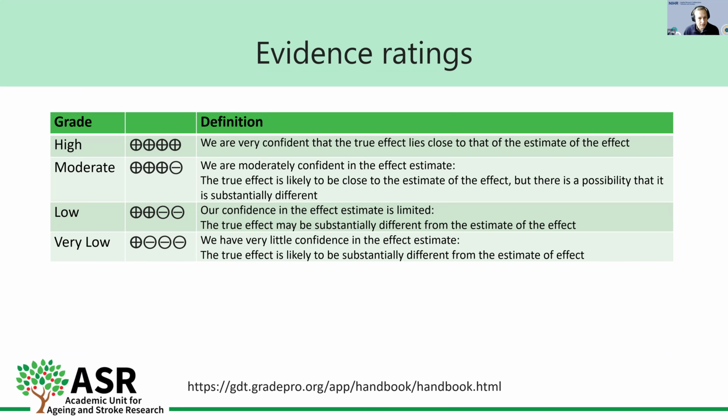And these different definitions, so ranging from we are very confident that the true effect lies close to that of the estimate of effect. In other words, the estimate is pretty much the true effect from everything that we can see, down to very low. We've very little confidence in the effect estimate. The true effect is likely to be substantially different from the estimate of effect. So we've produced an effect estimate, but we don't think that it has very much to do with the true effect.